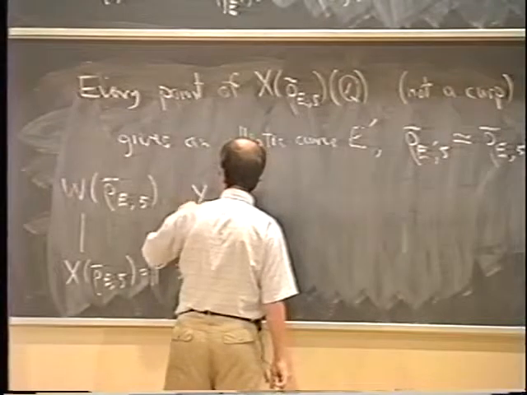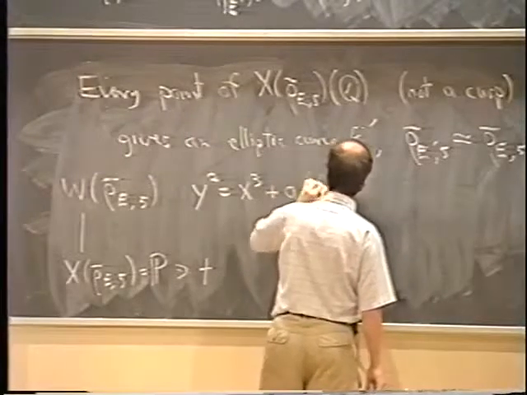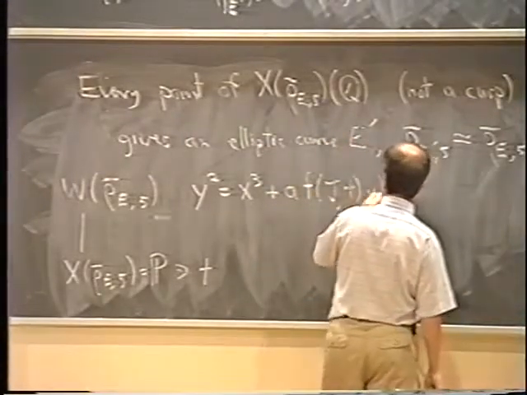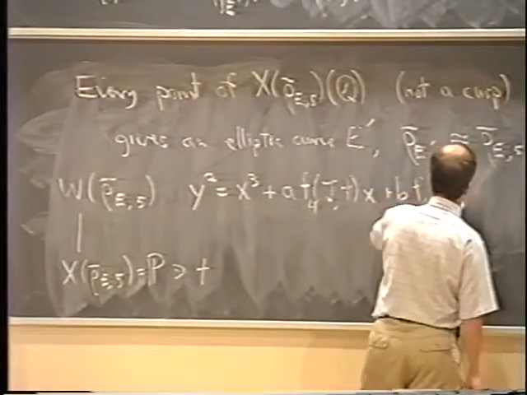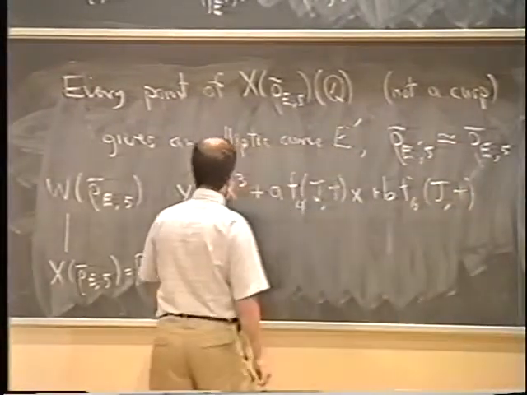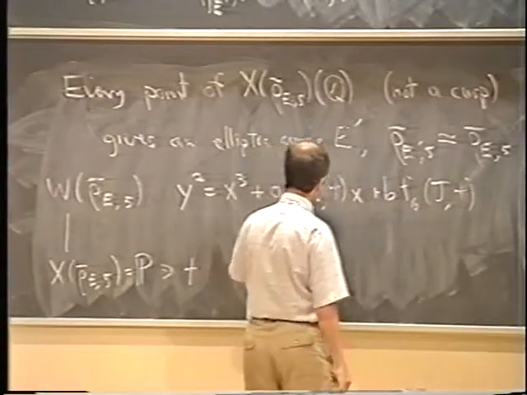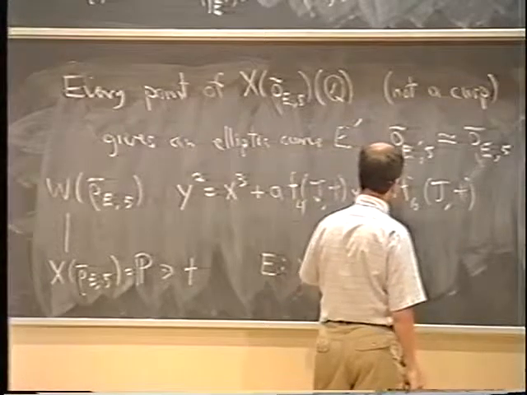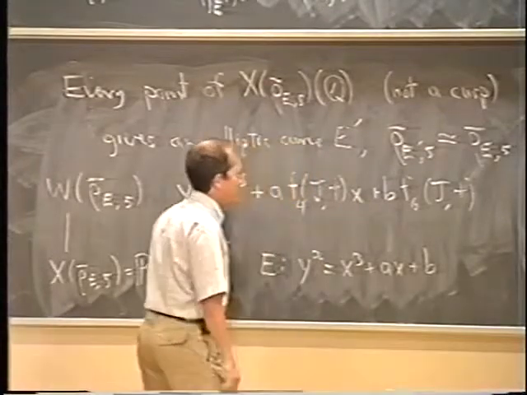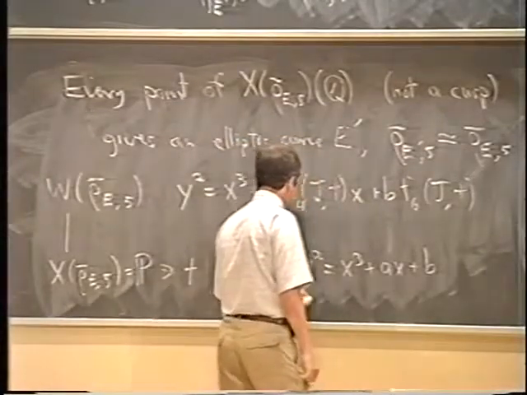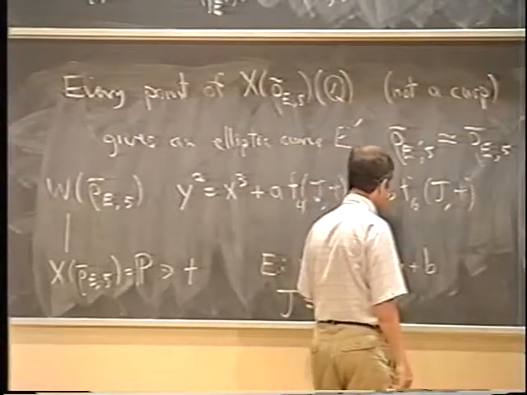The fiber over t looked like y squared equals x cubed plus a times f4 of J, t, x, plus b times f6 of J, t, where I guess the original elliptic curve had Weierstrass form y squared equals x cubed plus ax plus b. And f4 and f6 are polynomials with integer coefficients. J, capital J, was the j-invariant of the elliptic curve E divided by 1728.